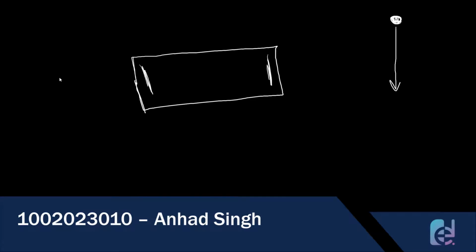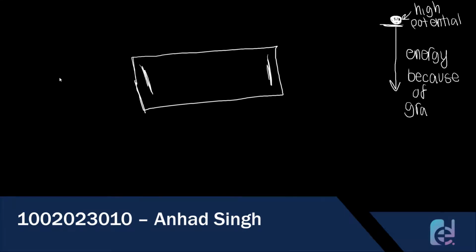Gravity gives this ball a high potential energy over here, and that's why the ball had high potential energy. So now why do electrons over here have high potential energy?